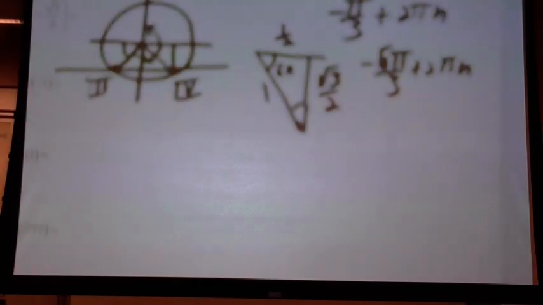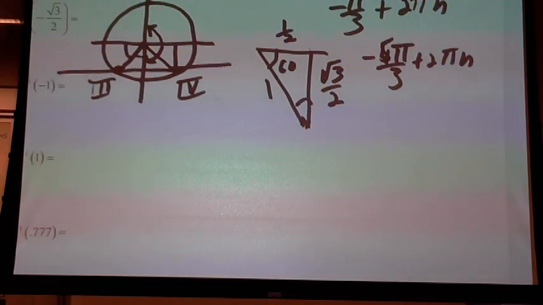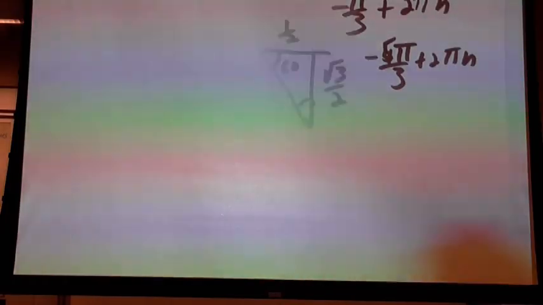If it helps you to think of it this way, that's okay. There's nothing wrong with that. I would look at this and I wouldn't say, oh, that's not what I wanted. That's correct. So, everybody okay with this? Okay. All right.